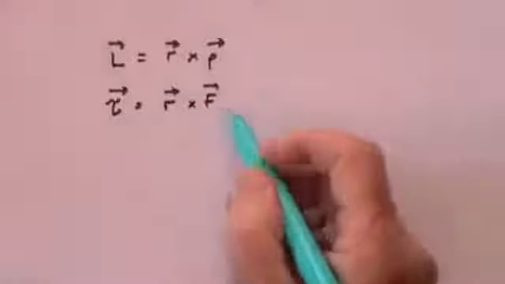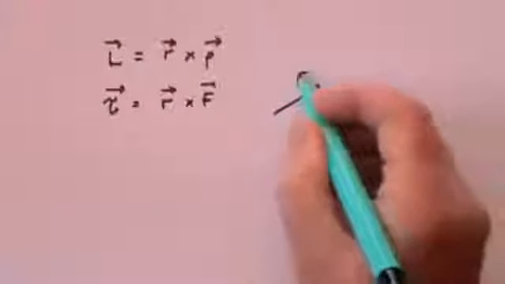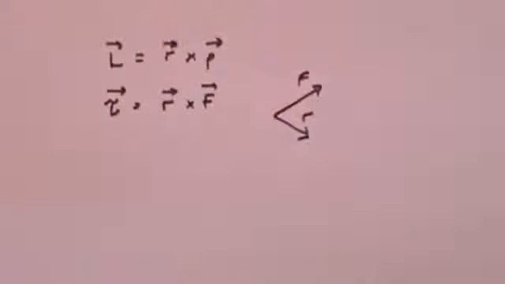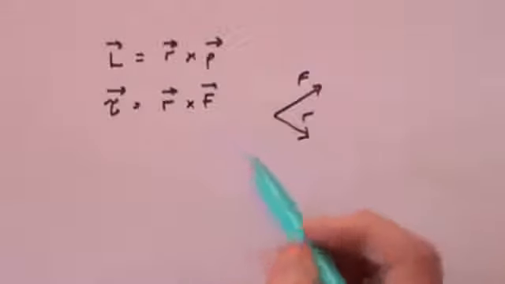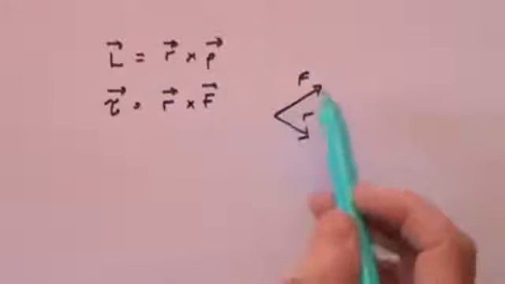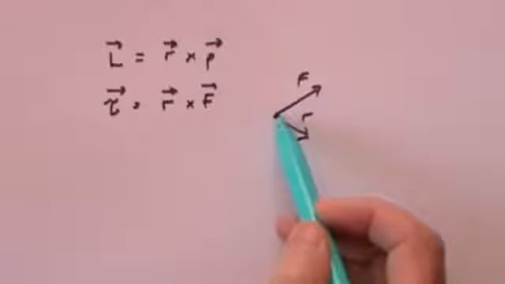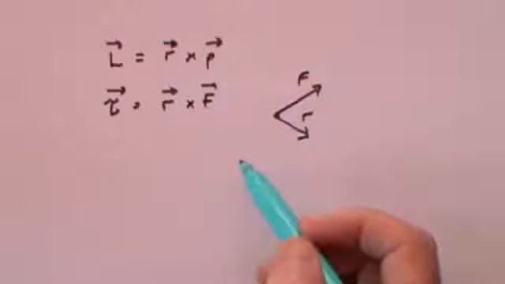The important point about this was that if you have a force and you have the r vector, which is the distance from the axis, then the torque, because it's a cross product, will be perpendicular to the plane of these two vectors. So it will either come out of the paper or go into the paper. And I explained that you use the corkscrew rule.